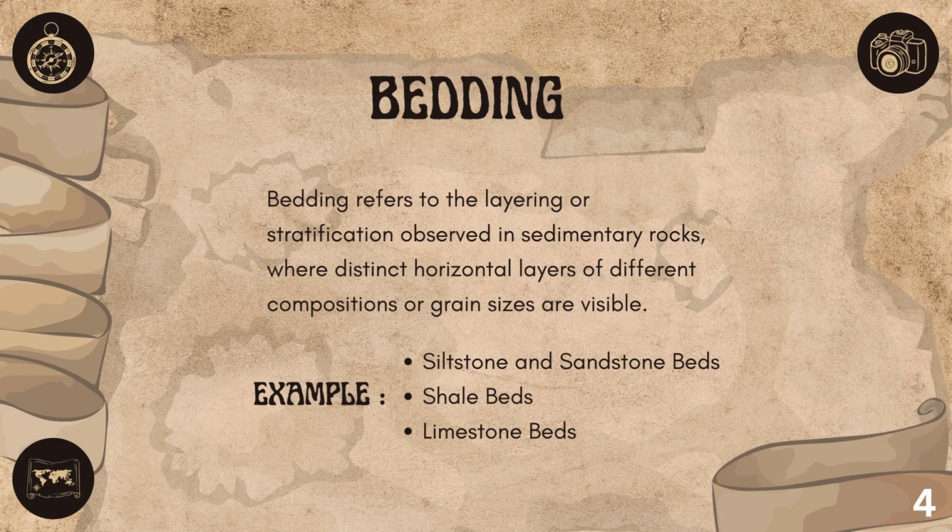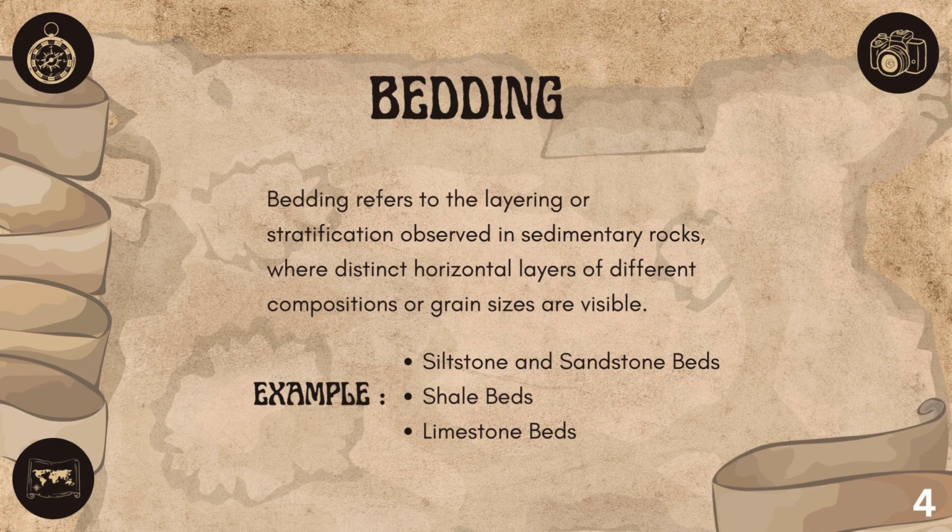Next is shale bedding, which is thin laminated layers of mud or shale, often characterized by fine-grained particles. Other than that, limestone bedding, layers of carbonate sedimentary rock composed mainly of calcium carbonate.